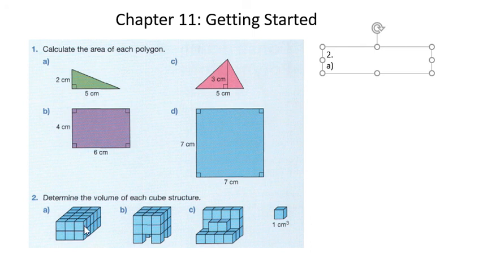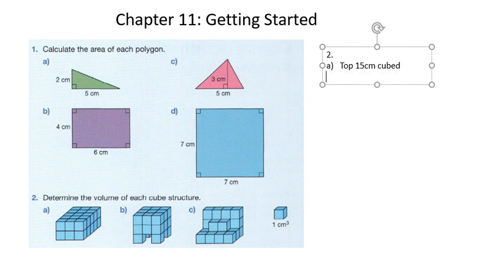But now I'm going to count how many rows this way I have. 1, 2, 3, 4, 5. So in my top layer, I have 3 by 5 cubes, which is 15 centimeters cubed, because I have 15 of these cubes.